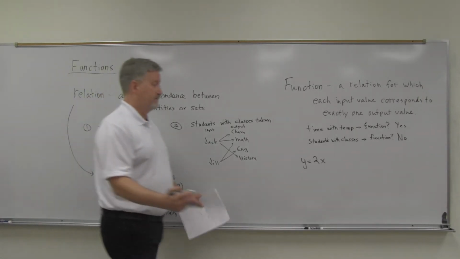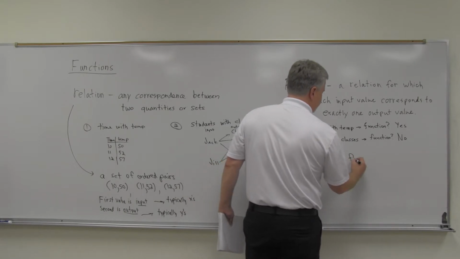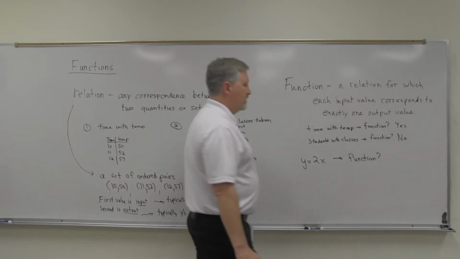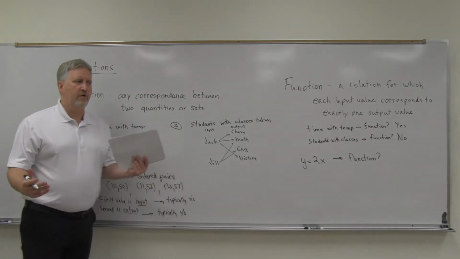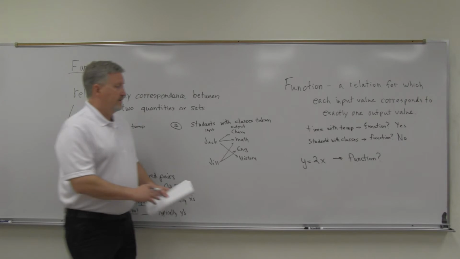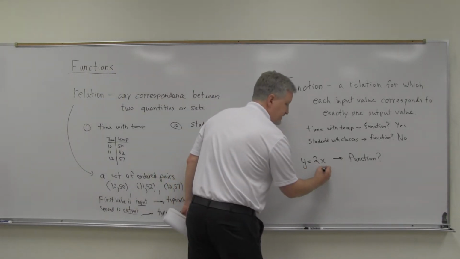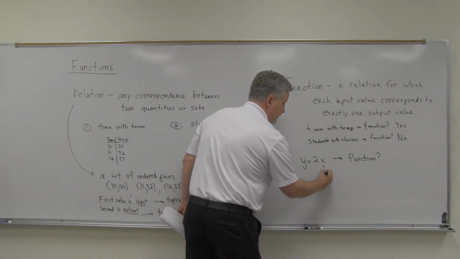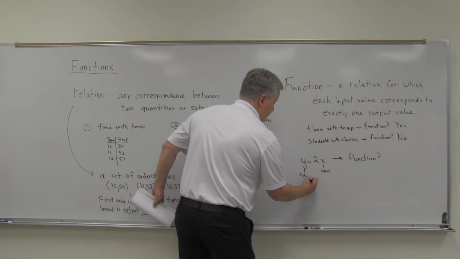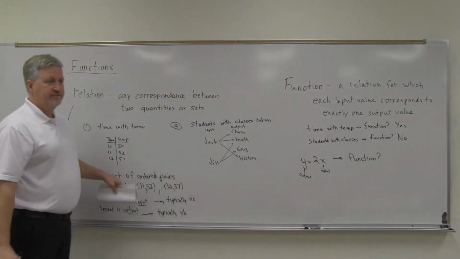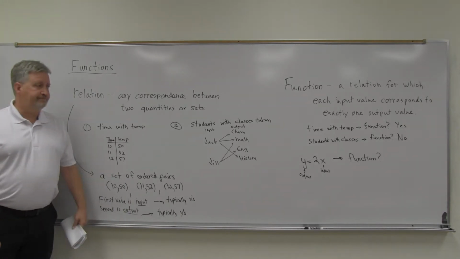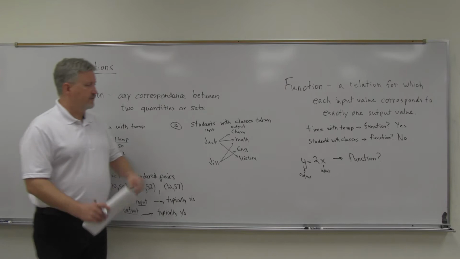Is it a function, though? I don't think it's too hard, hopefully, to see. So if I again consider the x as the input, and then the y is the output, right? That's how we basically define it over here. In ordered pairs, we let the x be the input and y be the output.